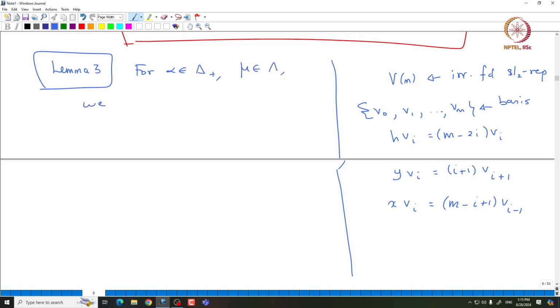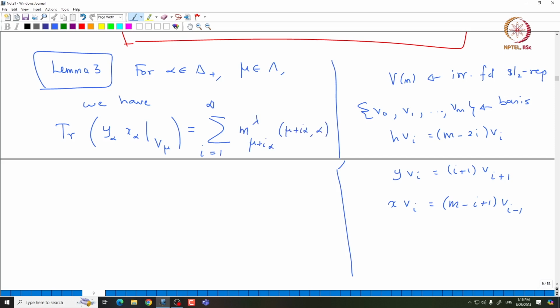If we compute the trace of Y alpha X alpha acting on this V mu, this is exactly given by the summation, i ranging from 1 to infinity, of m of mu plus i alpha times lambda mu plus i alpha times alpha.